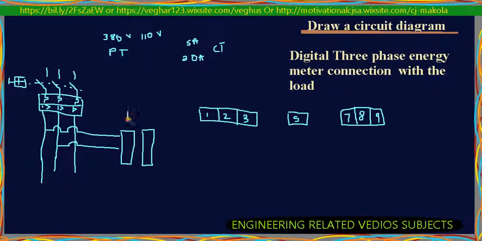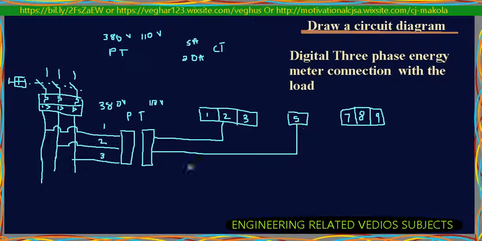This is a transformer, a PT. The PT steps down the 380 volts to 110 volts, because the energy meter we're using here is rated at 110 volts. So you have to check your energy meters. Then this one goes to the connection on the energy meter.